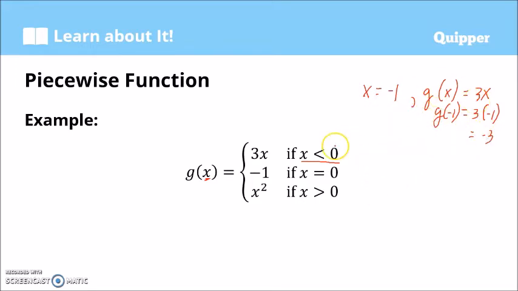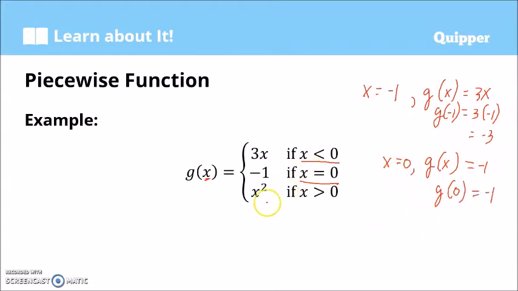Okay? That's one value of g of x. But ang sabi dito, g of x equals negative 1 if x equals 0. So, therefore, if x equals 0, then your g of x is equal to negative 1. Right? G of 0 equals negative 1.